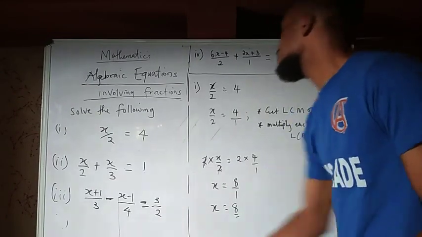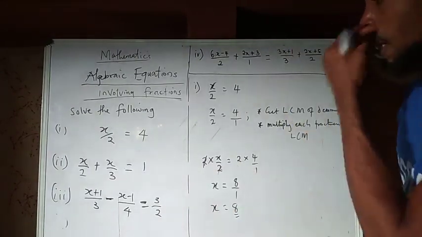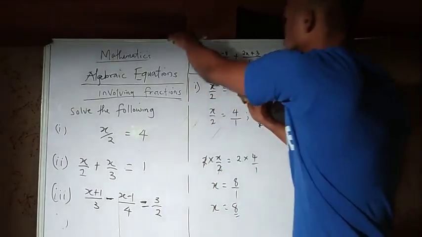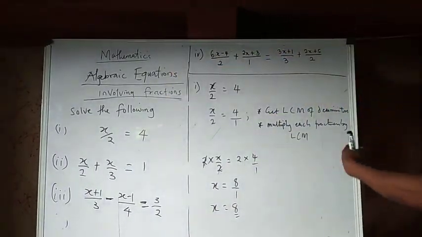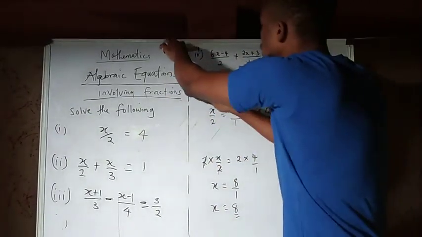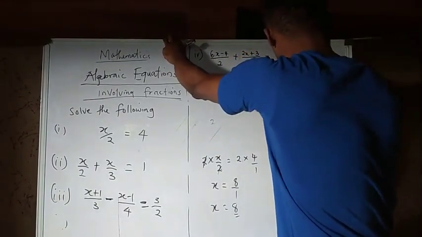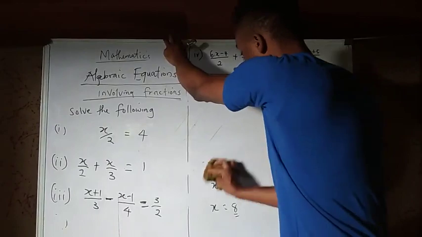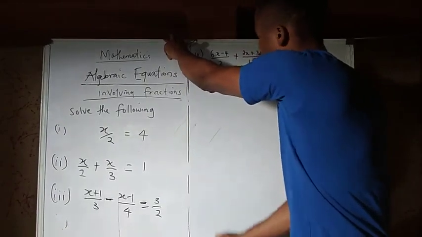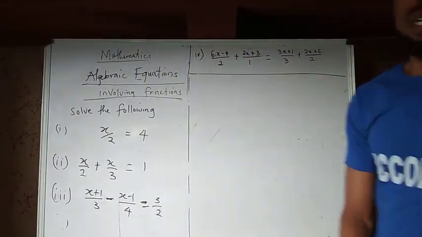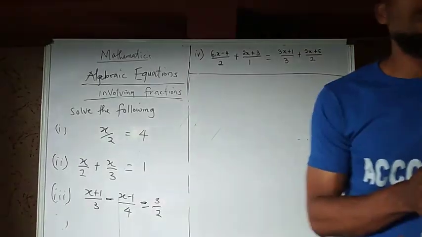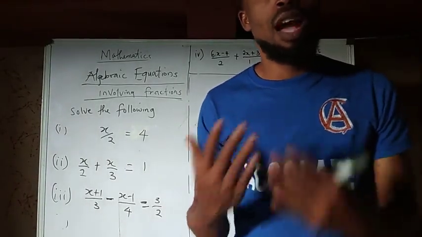Okay, that said, let's look at the next question. You can pause this and try it on your own. One thing about mathematics is that each form of mathematics has an approach.